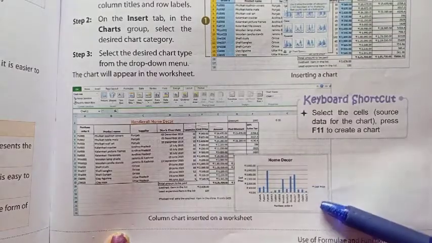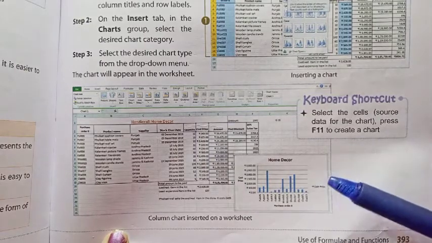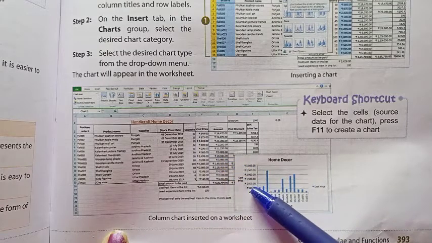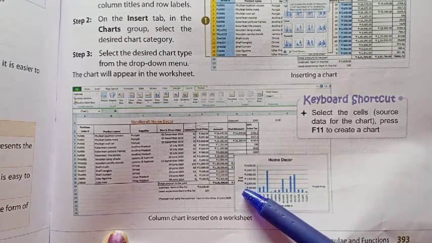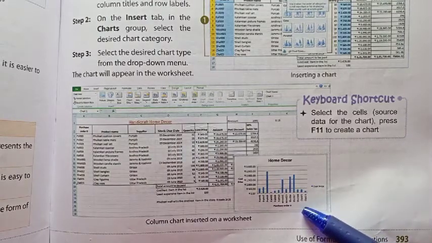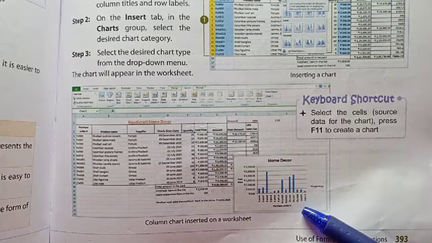This is an embedded chart because the chart is shown on the same sheet where your data series is present. If you wish, you can also use the F11 key from the keyboard to create the chart.